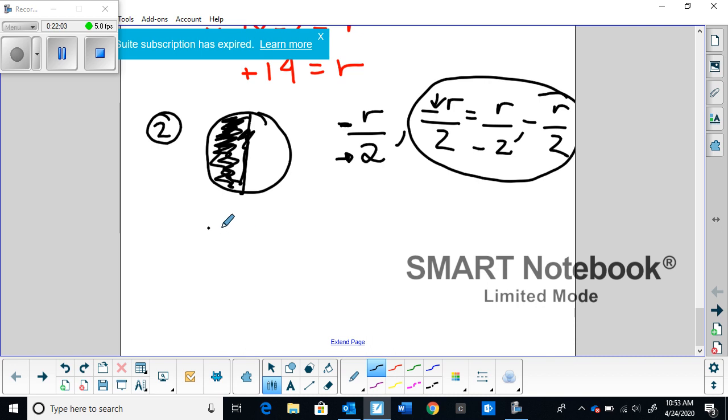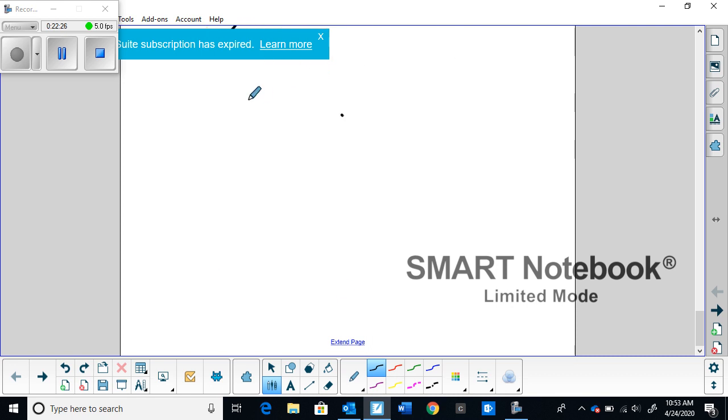Well, we know negative r over 2 is equal to negative 7. So this circle that we drew, that half, has to be equal to negative 7.